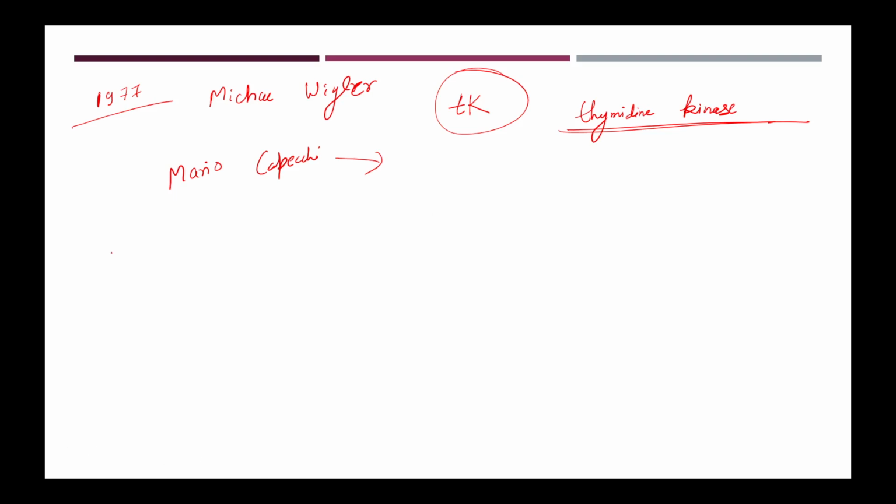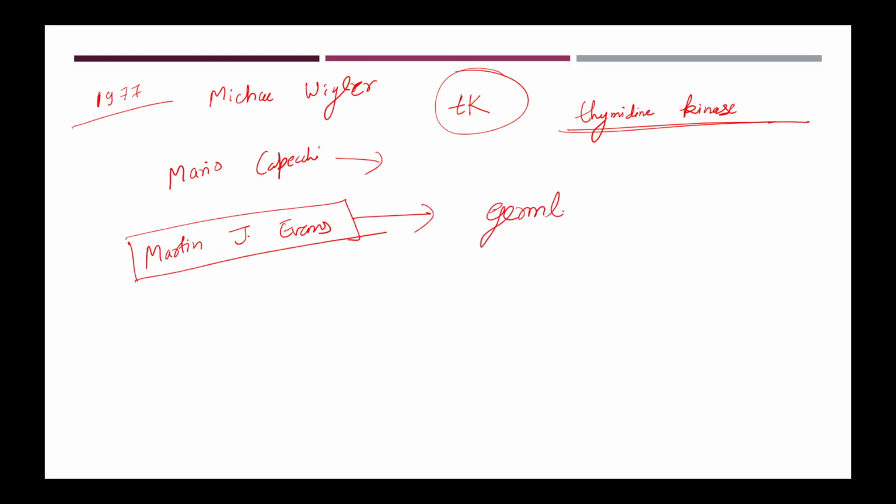Then there is a scientist, Martin J. Evans. Okay, so he particularly worked in the germ lines. All the others also tried genetic modification, but their work was based on the somatic lines.